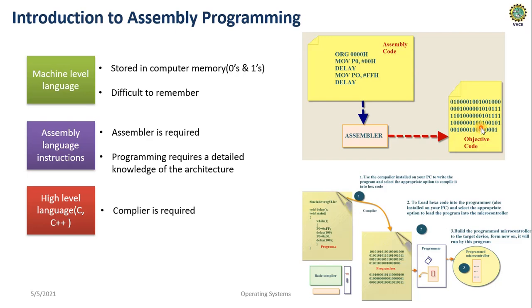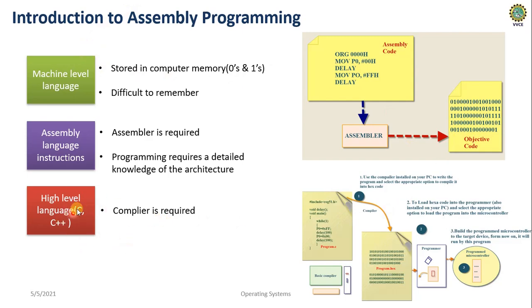Operational code, or opcode, in the sense of what kind of operation the microcontroller has to perform. You are telling the microcontroller to perform some kind of operation, right? That is nothing but the opcode or operation code, and it is also called object code. It is converted using an assembler. If you are using assembly language, using an assembler you can convert your program into opcodes, fine, or low level language or machine level language.